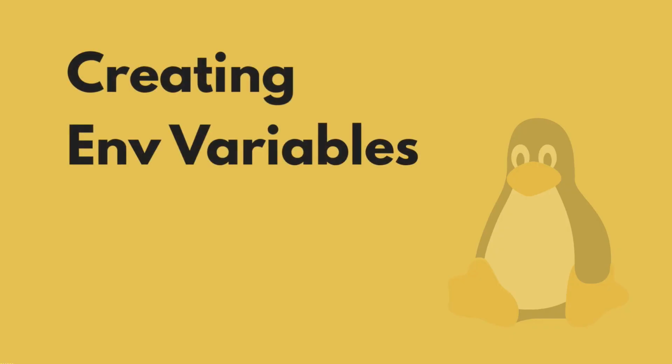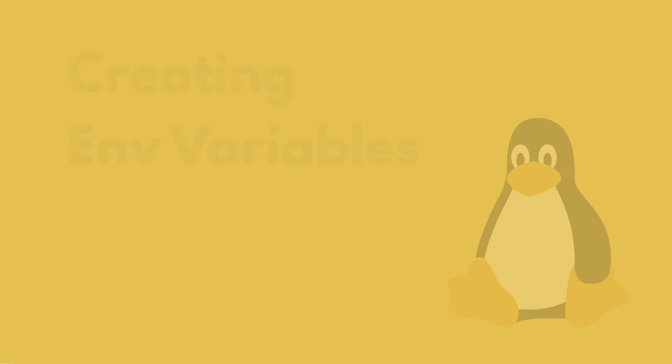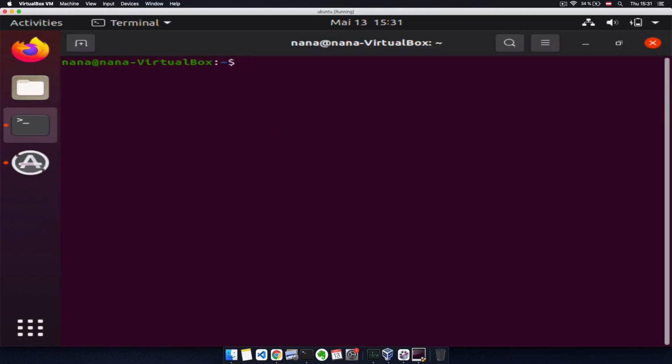Now let's actually see how to create our own environment variables. And this works pretty much the same on all Linux distributions, so nothing specific to Ubuntu here. So first of all, to create an environment variable, like DB_USERNAME, for example, we just define a variable name, again, all caps and underscore, and a value. The value is the actual username in the database.